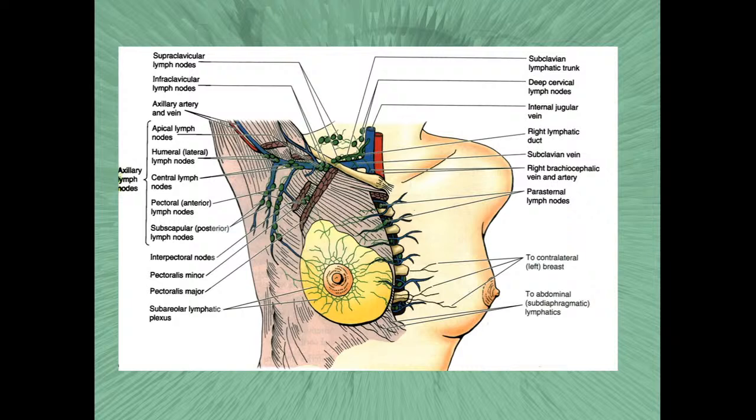mediastinal lymph nodes. Then from the inferior quadrants of the mammary gland to the lymphatic nodes of the abdominal wall, and even from these abdominal wall lymphatic nodes to the lymphatic nodes in the superior story of peritoneal cavity.